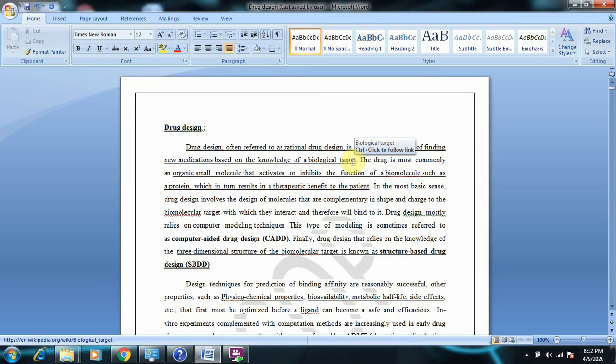Okay then. In the most basic sense, drug design involves the design of molecules that are complementary in shape and charge to the biological target molecule. We know that if a drug should go and bind to the receptor, then what are the factors or parameters that it will be influencing? The shape complementarity means a particular drug molecule can go and bind to a receptor which favors its conformation.